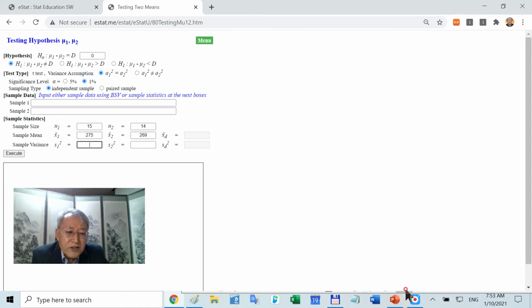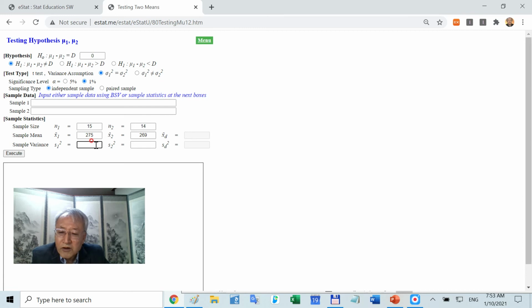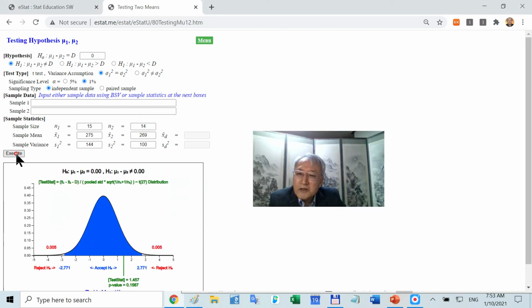And then the variances were 12 squared and 10 squared, that's 144 and 100. Then you are ready to practice. If you click the execute button, they show you the statistic. The test statistic looks like this. The p-value is inside, therefore it is more than 15%. Well, that's it. You cannot reject H0.